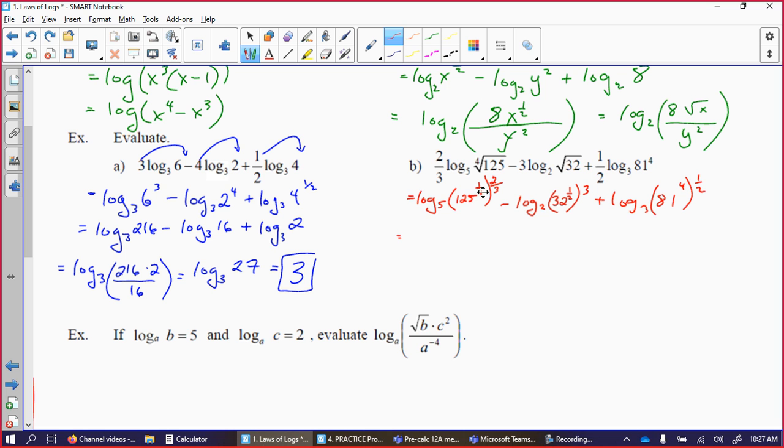Those are going to cancel, so log base 5. 2 over 12 is to the 1/6. There may be a totally different way to do this, but it's going to end up with about the same answer, I hope.